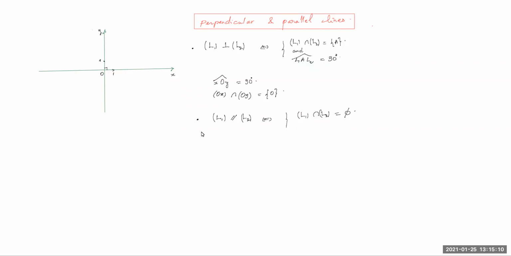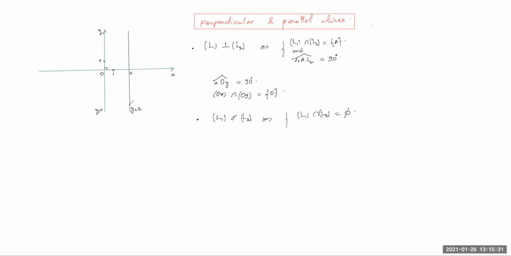Let's illustrate with lines. For example, I can imagine a horizontal line at position y equals 2, so this is the equation y equal 2. This one is y equals 0.